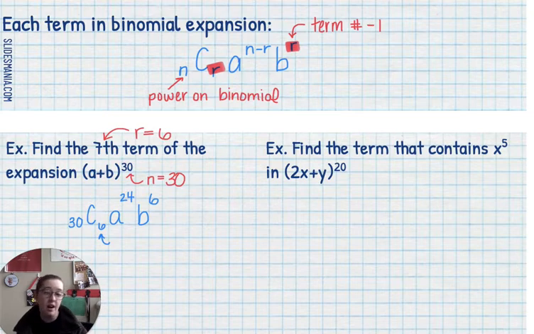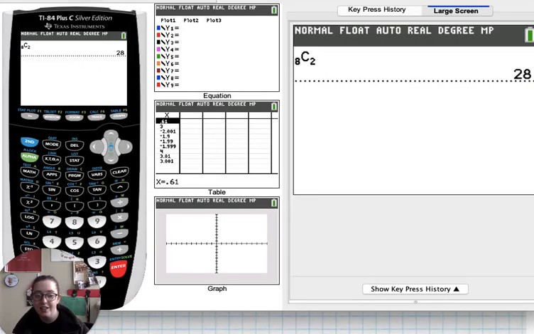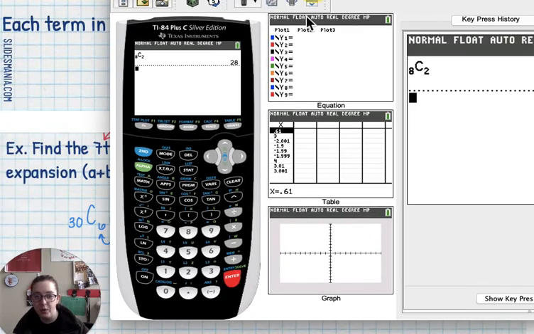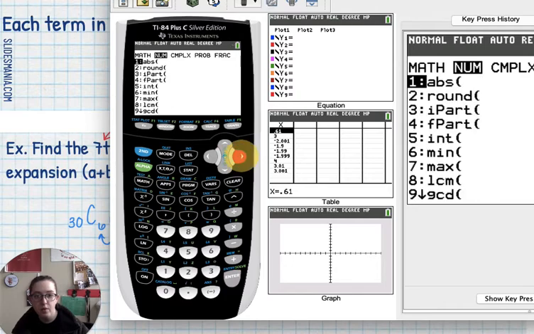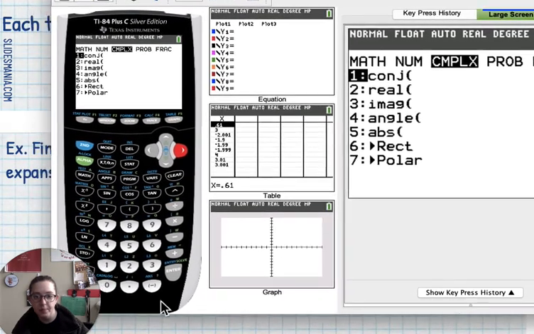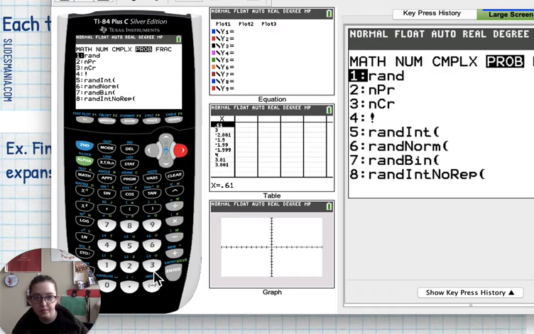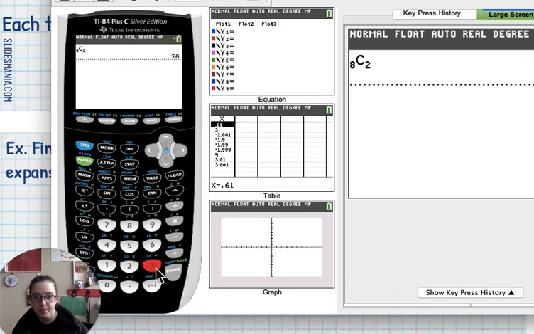No, you are not allowed to leave it like this. You need to figure out what 30 choose 6 is. So that's what our calculator is for. We'll go to math, over to prob, choose, and we have 30 choose 6.